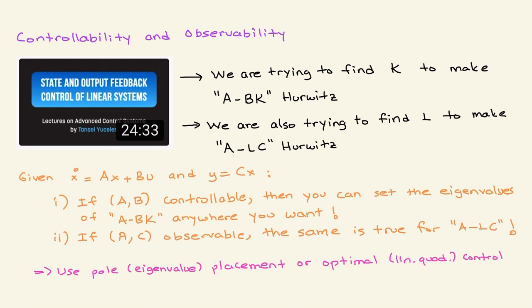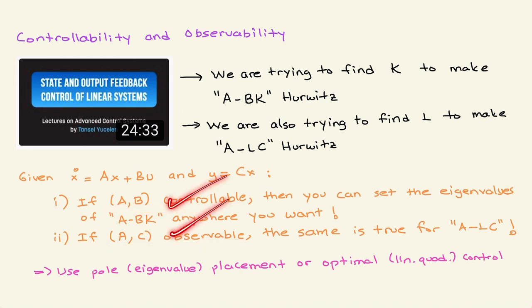But I would like to make this video simple, and as a professor, I dealt with a lot of systems, and most of the time engineers introduce a sufficient number of sensors to make C bigger and a sufficient number of actuators to make B bigger, and most of the systems that I dealt with have A, B that are controllable and observable. Again, I first check this. So before I try to make these Hurwitz, I check if these matrices are controllable and observable.